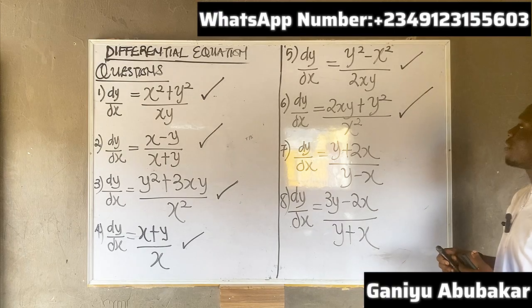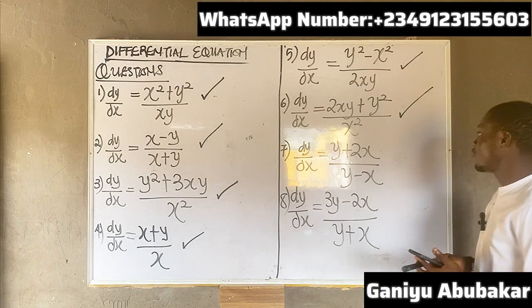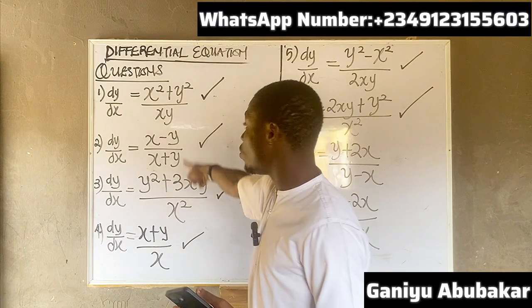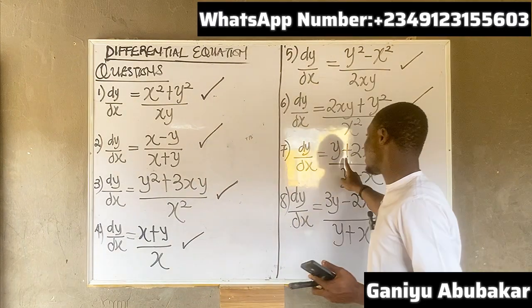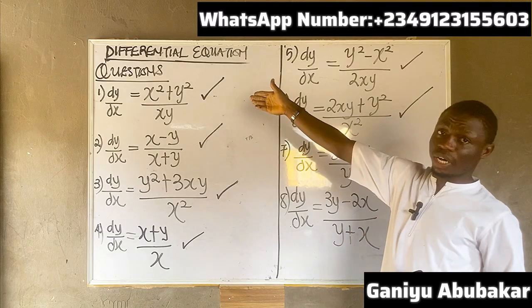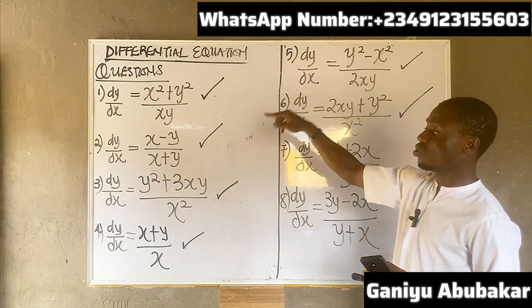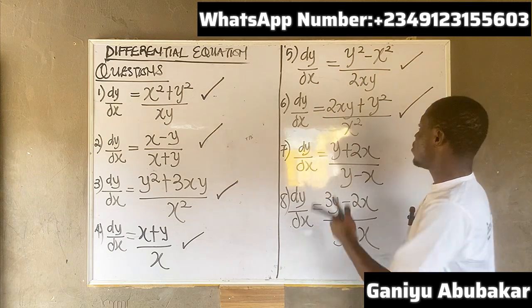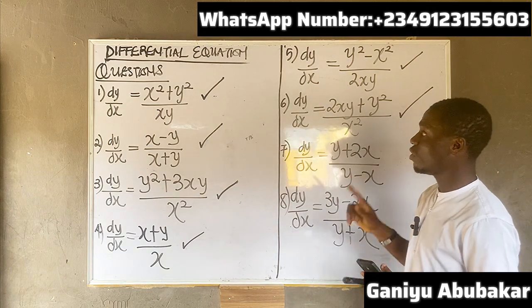You do 7 and 8 for me. Try 7 and 8 after you have learned how this works, and leave the answers to 7 and 8 in the comment section for me. I'll start with number 1 now. In the next class, we'll do number 2. Next class, 3. The class after that, we'll do 4, 5, and 6. So let's start with the number 1 example.